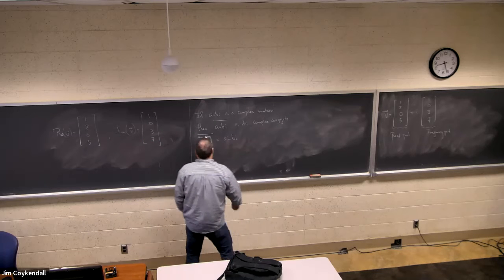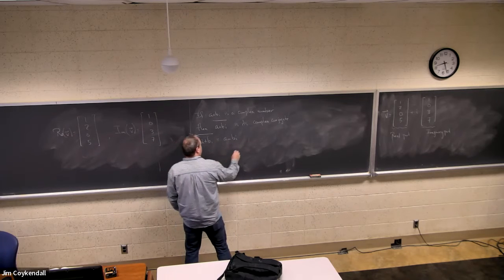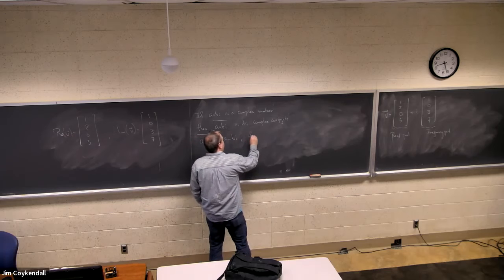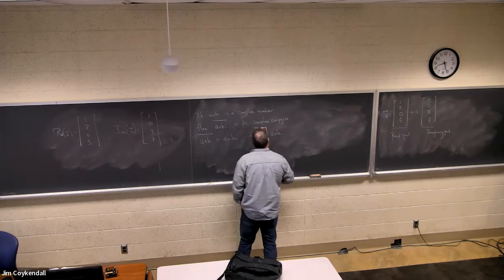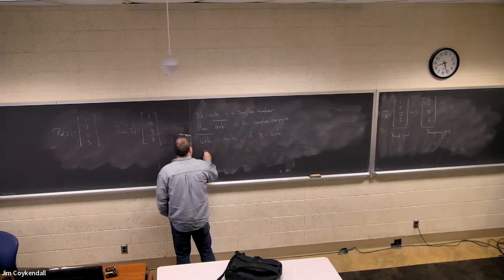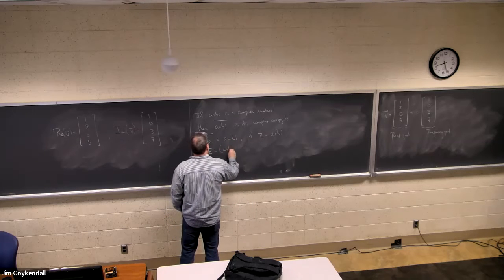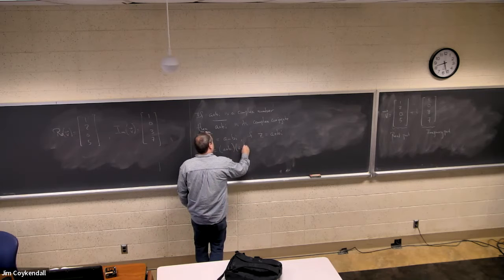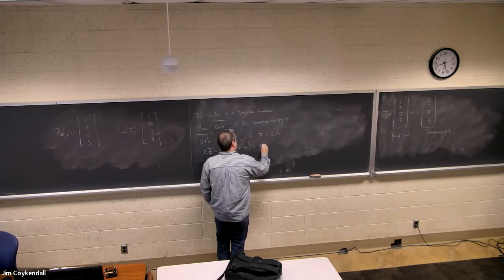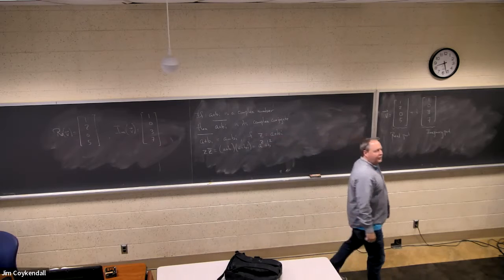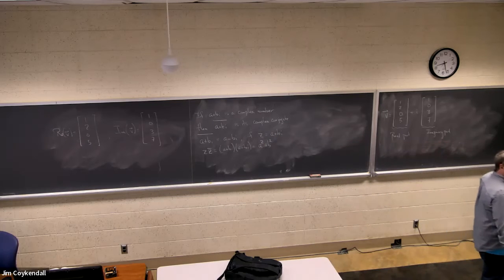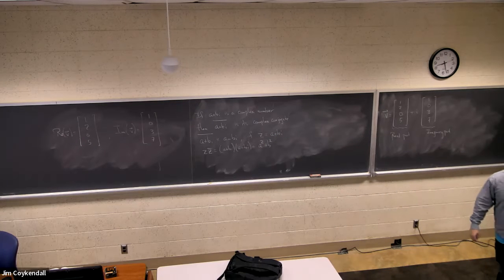Note that in C, if you take c times c bar, notice that when you multiply a number by its complex conjugate, you actually get a real number.